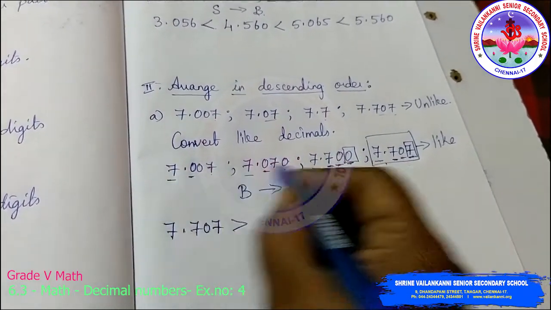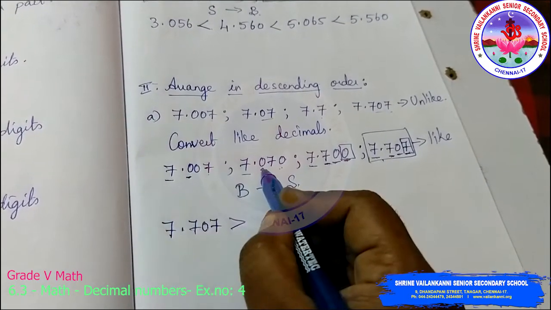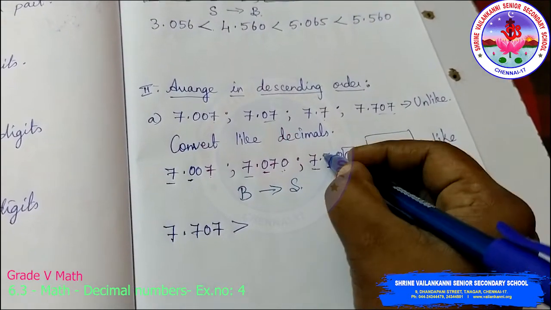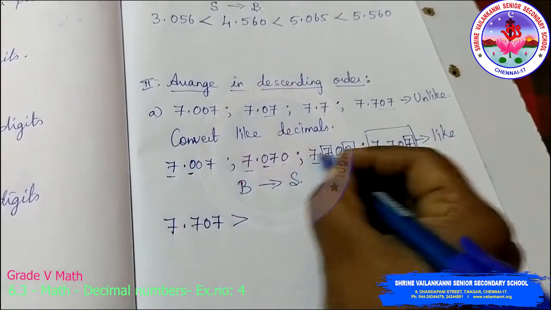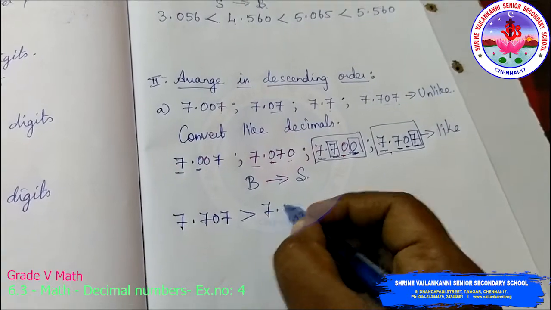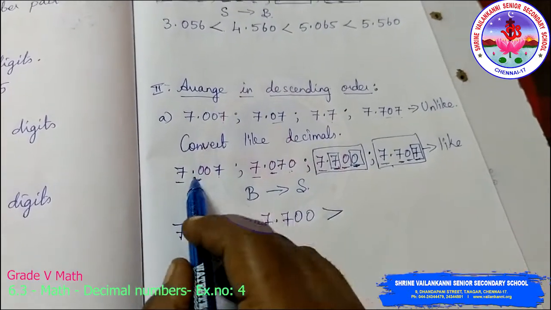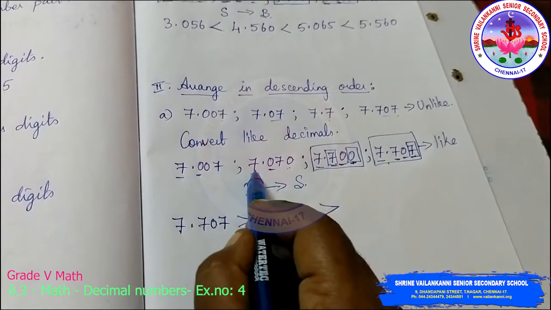Next, compare these three numbers. Whole numbers are similar. 10th place value: 0, 0, 7. So this 7 is greater when you compare all three. So this is the second greatest number, 7.700, with the greater-than symbol.